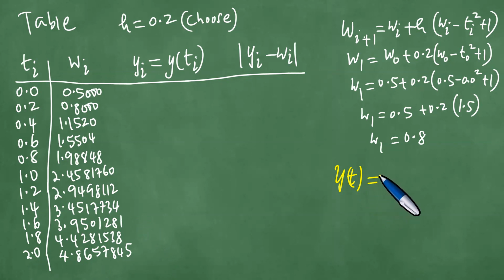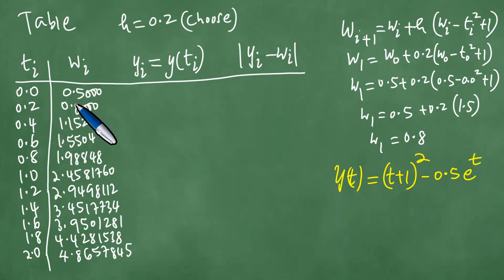It is equal to (t plus 1) squared minus 0.5 e to the t.